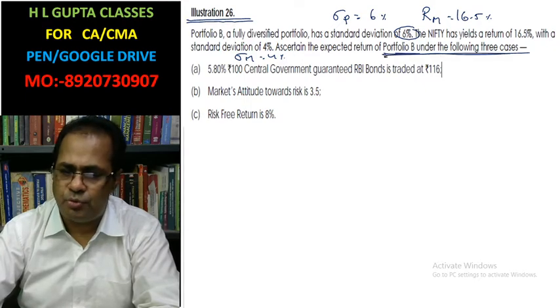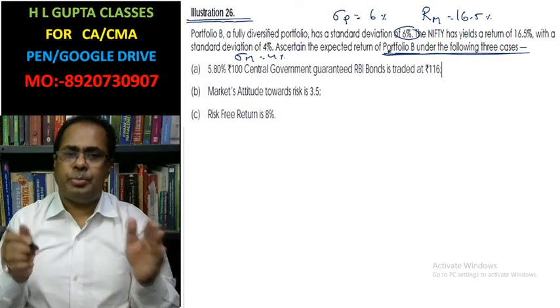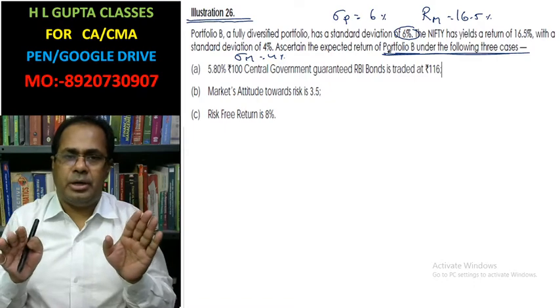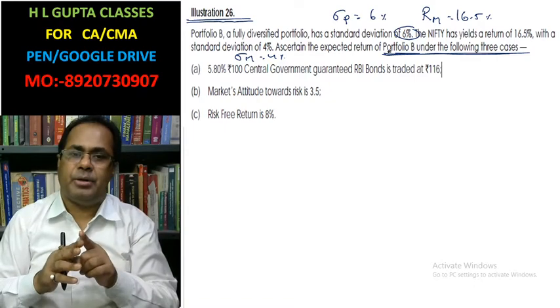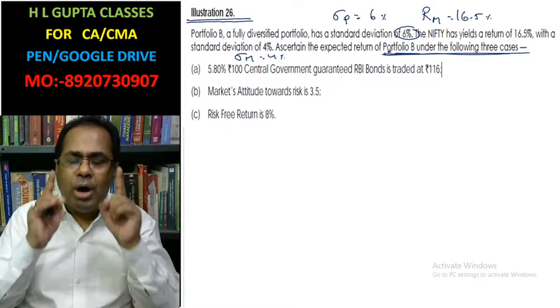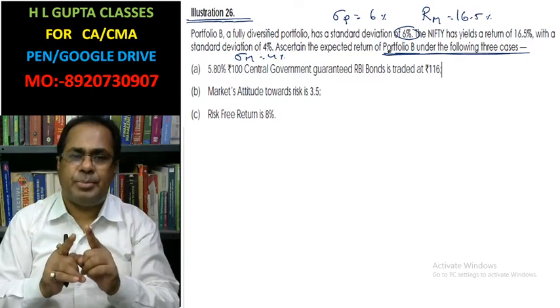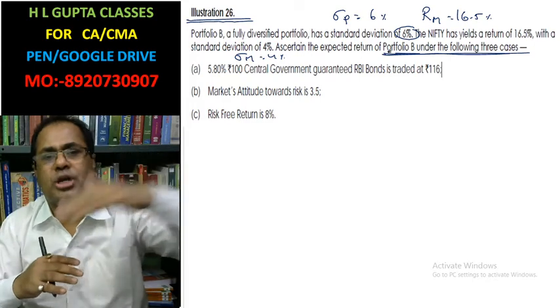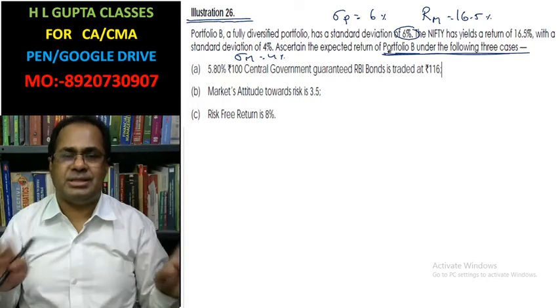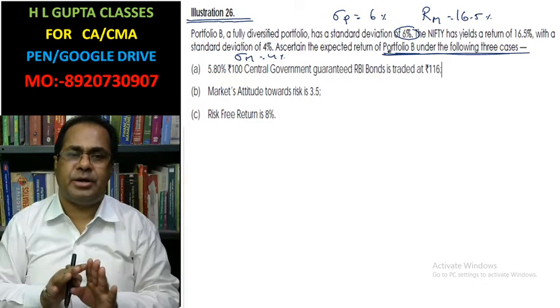Expected return of the portfolio. In the given question, beta is not given. Standard deviations are given. It means you have to calculate expected return as per CAPM on the basis of total risk, the complete risk, that is the standard deviation.